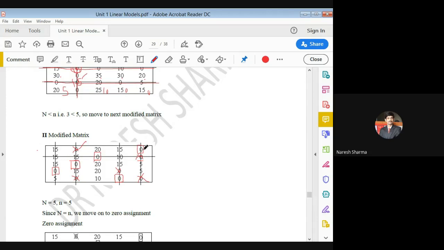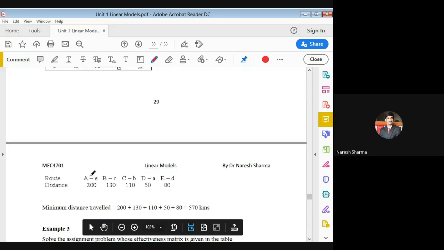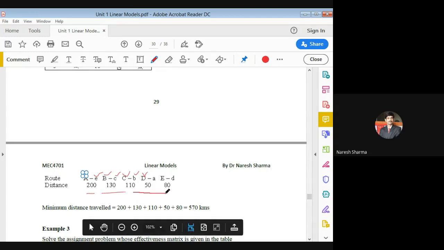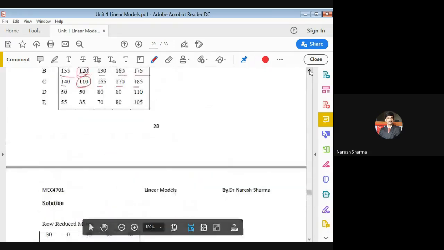The first is assigned to the fifth one, second to the third, third to the second, fourth to the first, fifth to the fourth, and you just mention these assignments like this: A-E, B-C, C-B, D-E. It means we can send to city A from depot E, city B from depot C, city C from depot B, and their corresponding cost you can check from the master table or given matrix only please.